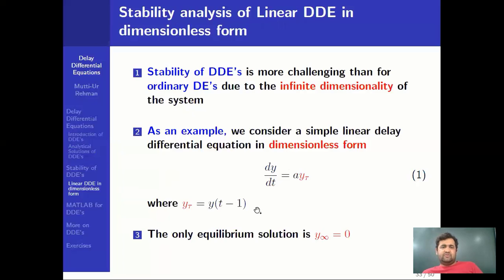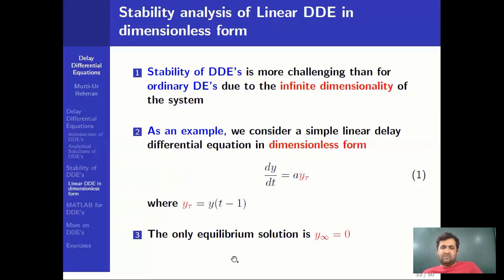If you analyze this differential equation, immediately you will get the fact that the only equilibrium point for this delay differential equation is basically this point. But now the question is whether this equilibrium solution is stable or unstable. We don't know that.